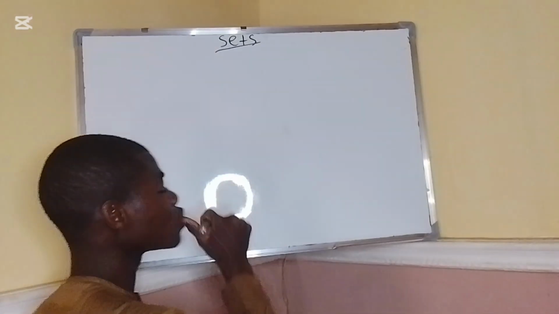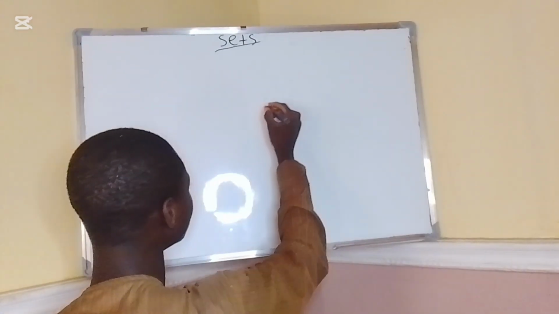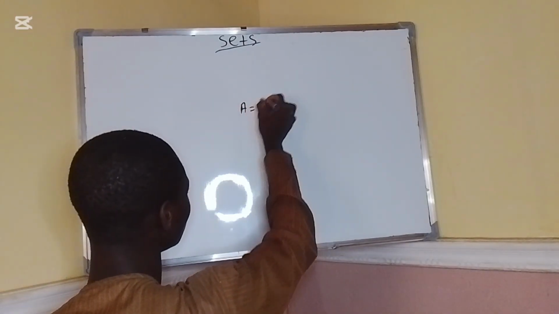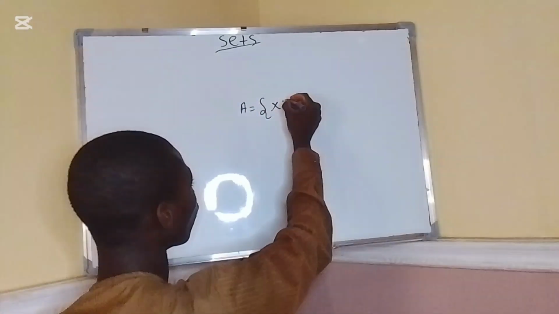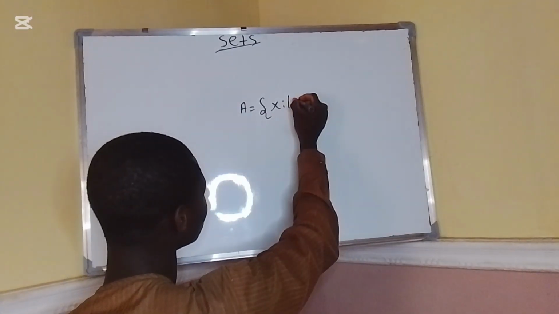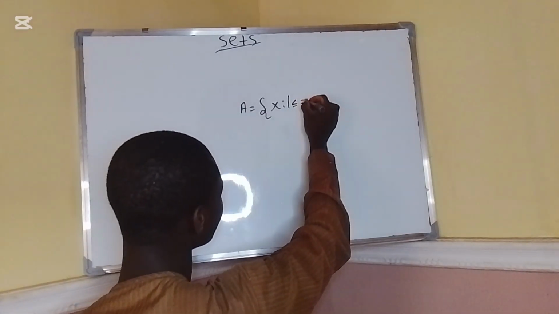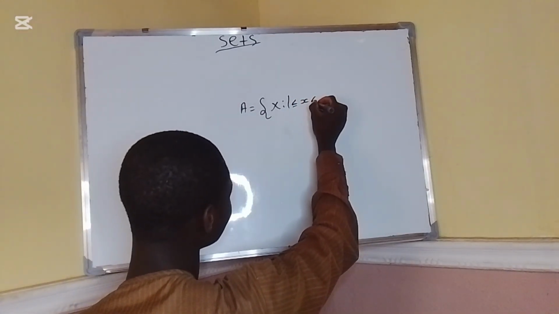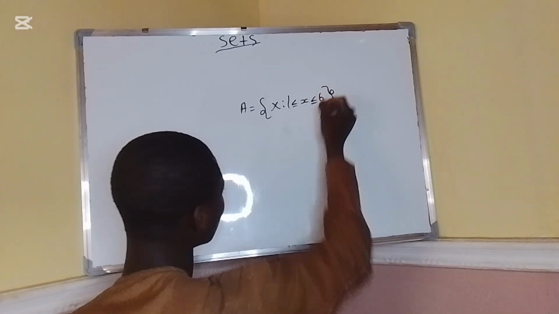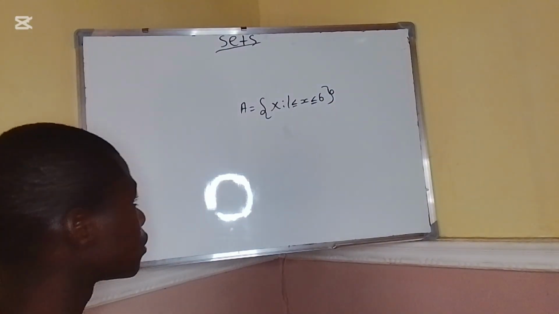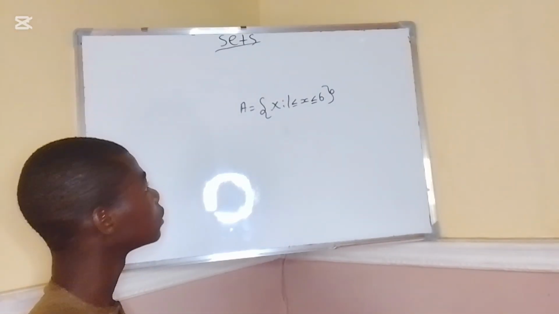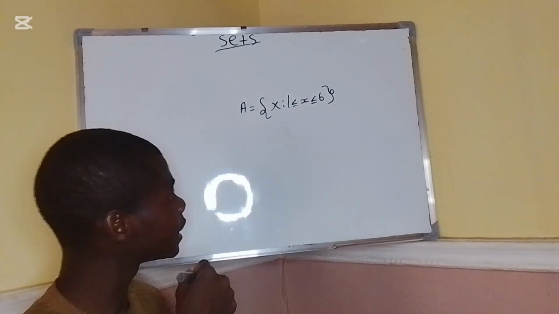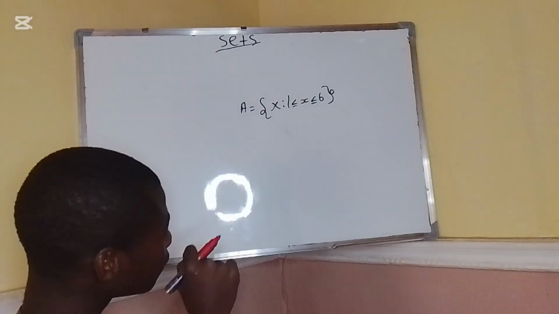Suppose I have A equals x such that 1 is less than or equal to x, and x is less than 6. So what is the order of this set? How can we simplify this?